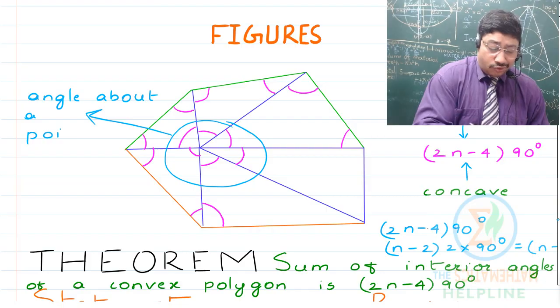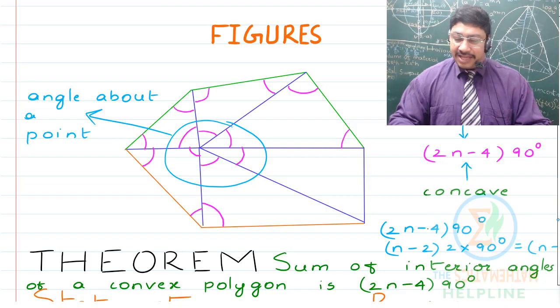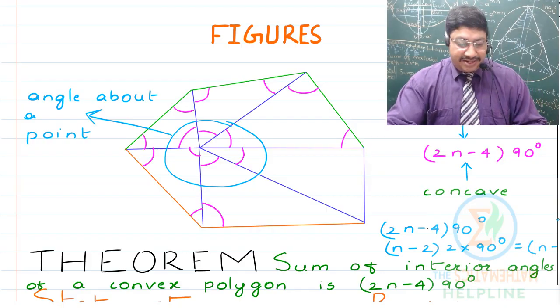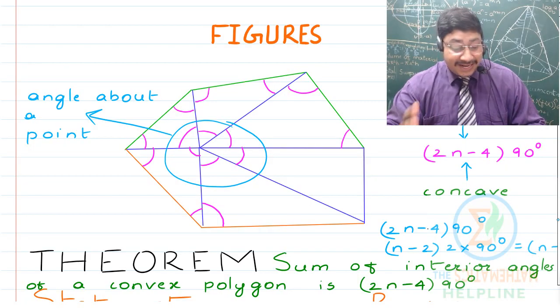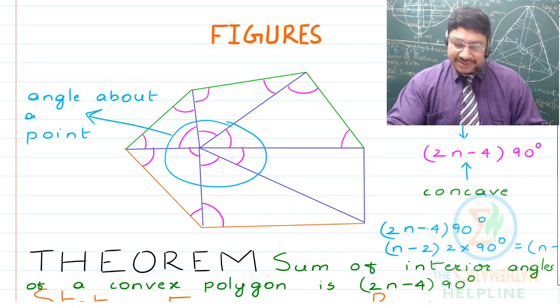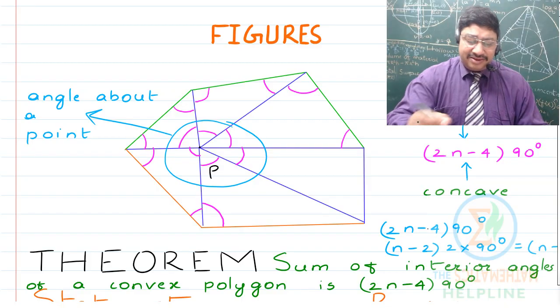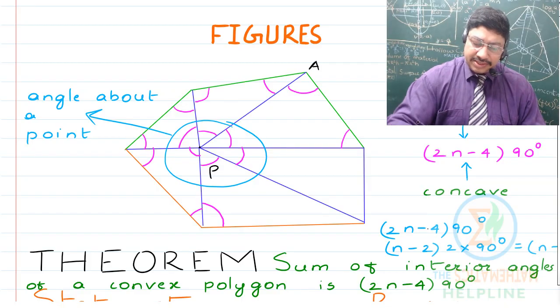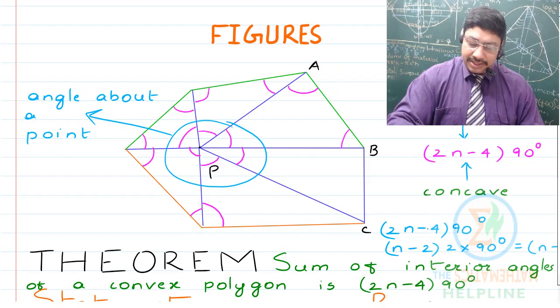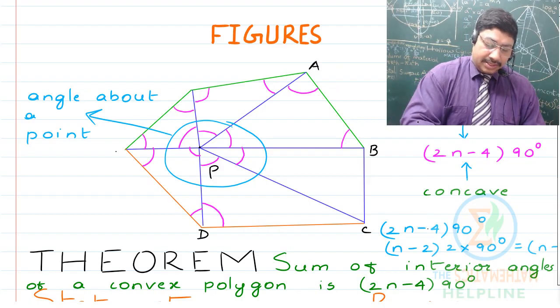For that matter, I will also name this point, because this guy is feeling a little nameless, right? I didn't say shameless, I said nameless. Okay, so let's name this point P. So this is the point P about which we are talking, right? And here we can also name each of these vertices A, B, C, D, E, F.